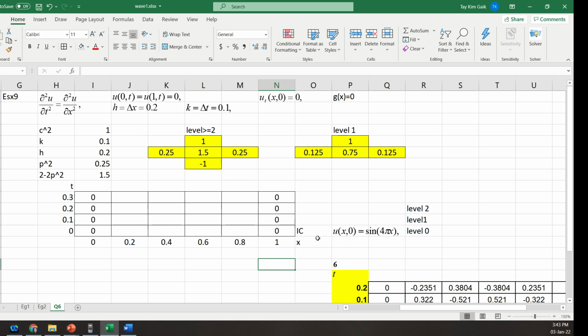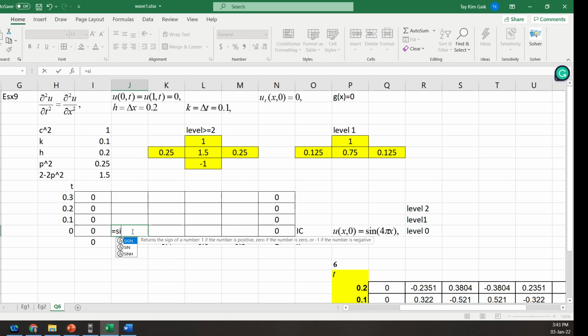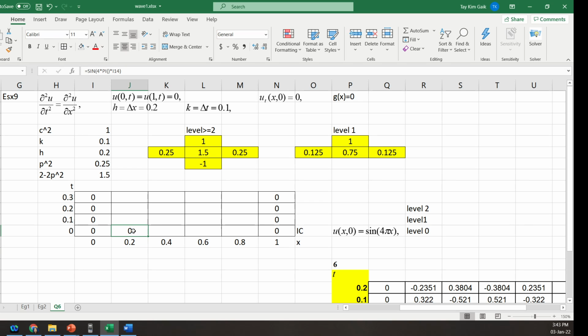The initial condition given is sin 4 pi x. So you key in sin of 4 times pi, open and close bracket, and then multiply x. x is at the bottom, I4. Enter. Sin 4 pi x, it's J14.